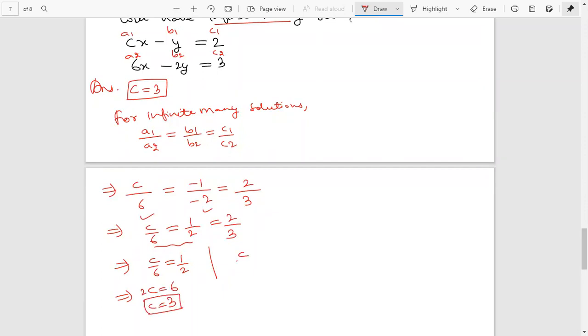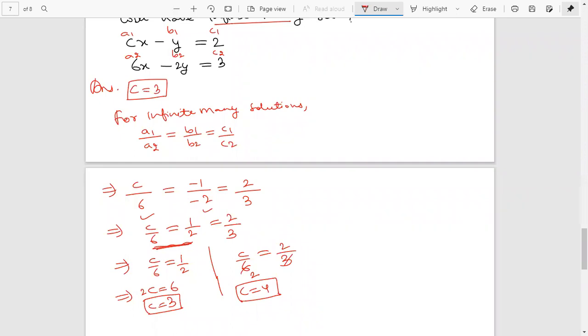And suppose if you take these values 2 by 3, then we have C by 6 equal to 2 by 3, cross multiplication gives C equal to 4. So one value of C is not possible, because if you take 3, then these two terms are equal.